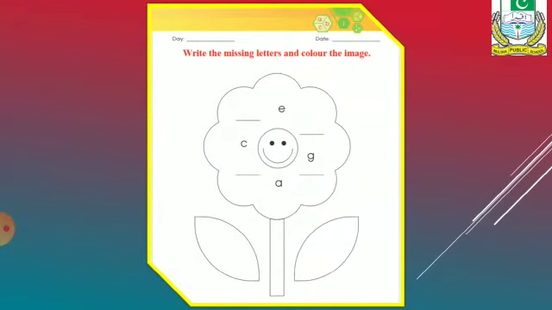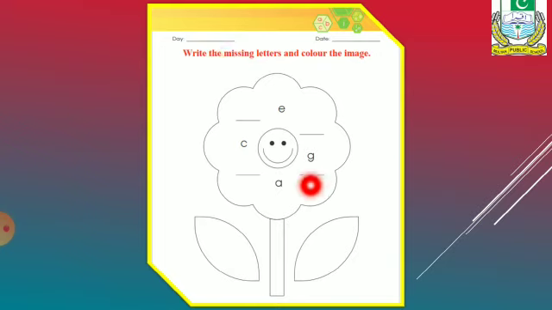Okay, dear students, now we are on our activity work page, and day is mentioned and date is mentioned. We are going to fill in day and date, and the heading says write the missing letters and color the image.